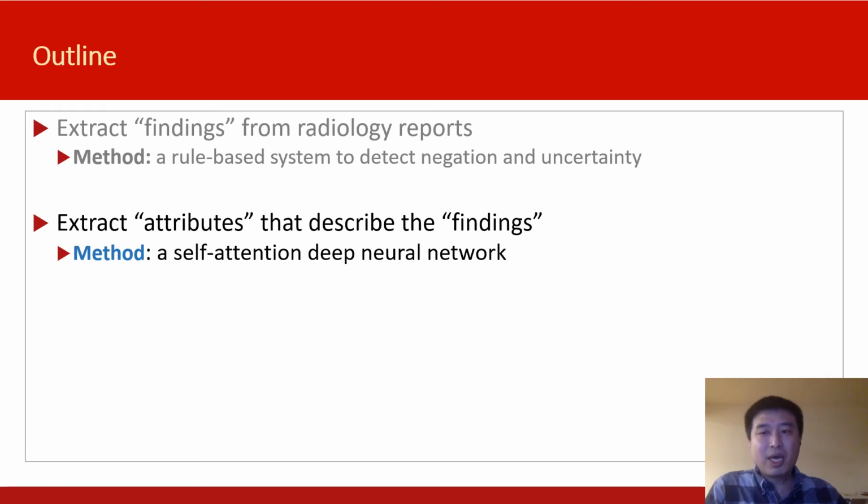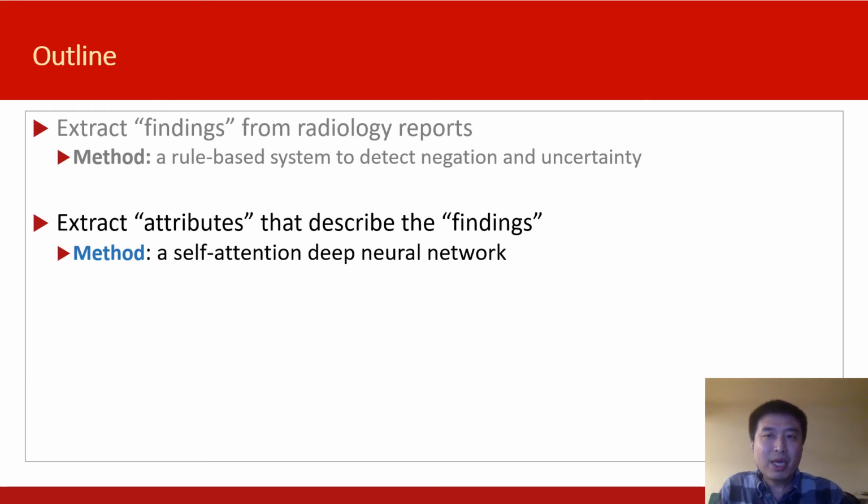This is how we can use NLP techniques to extract the findings from the radiology reports. In the next steps, we want to extract not only the findings, but also the attributes that describe those findings, such as the finding size or its location.